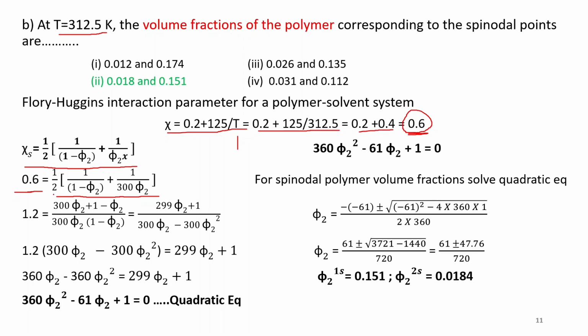And from this equation, we are multiplying 0.6 into 2, which is 1.2. We are calculating the right-hand side now as 300 phi 2 plus (1 minus phi 2) divided by 300 phi 2 multiplied by (1 minus phi 2), which is 300 minus 1, which is 299 phi 2, plus 1, divided by 300 phi 2 (1 minus phi 2).